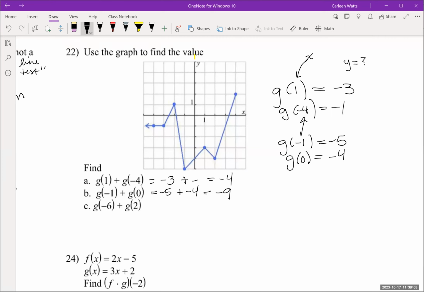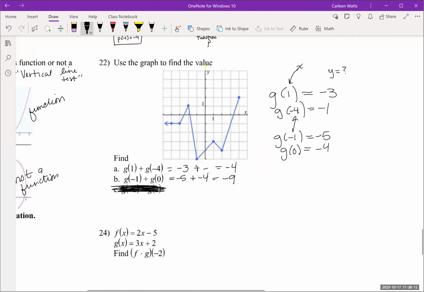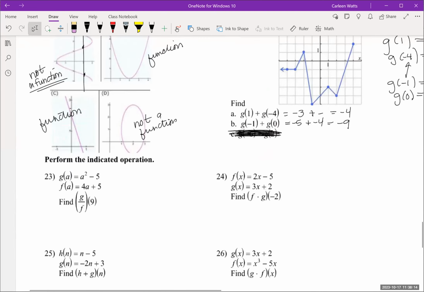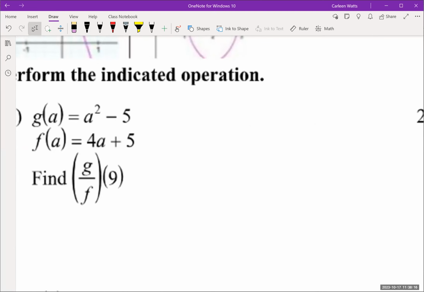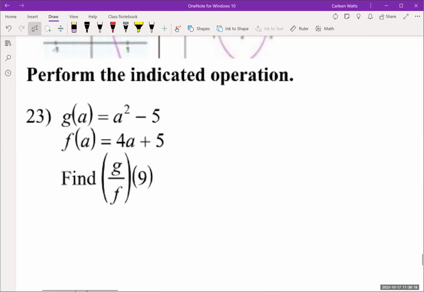Okay, I'm going to cross this one off. I'm going to say do not do. If this doesn't make sense and you want to see me do it, we could do it at the end. So the notation is difficult. The math is not that bad.